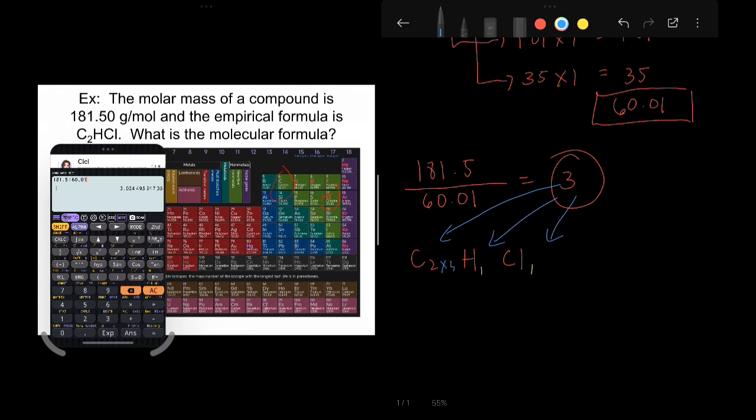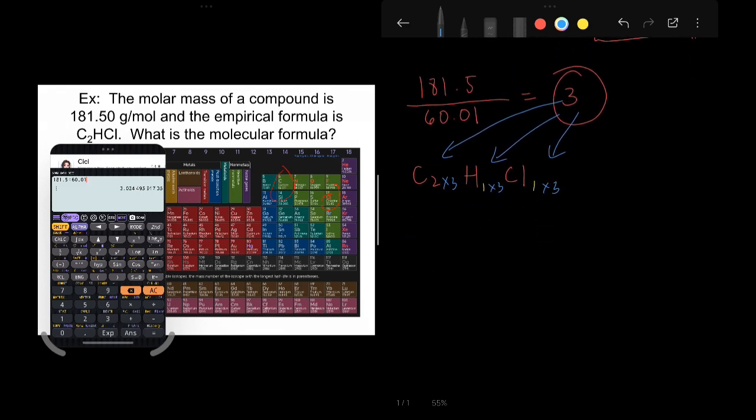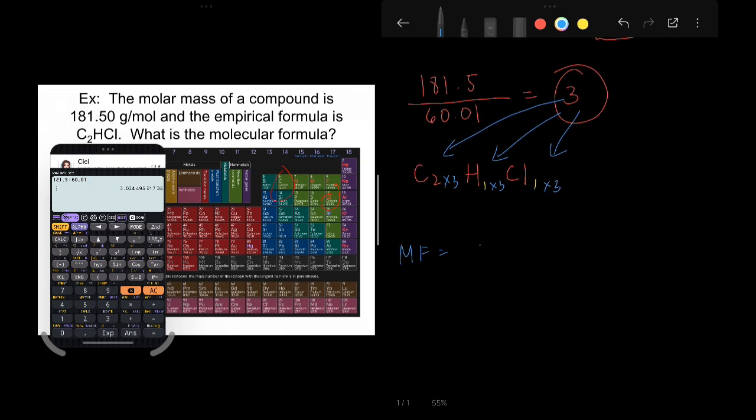So 2 times 3, 1 times 3, and then 1 times 3. So the new molecular formula here will be C6H3Cl3. So this will be our molecular formula.